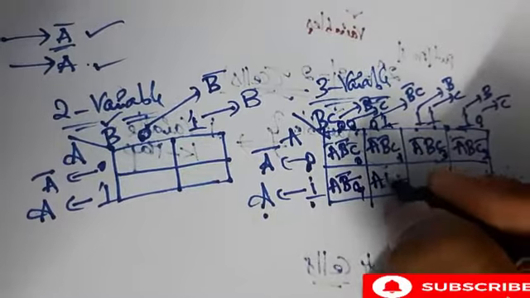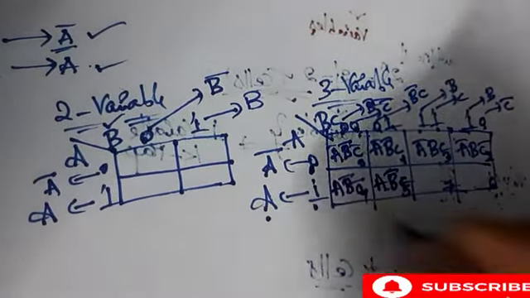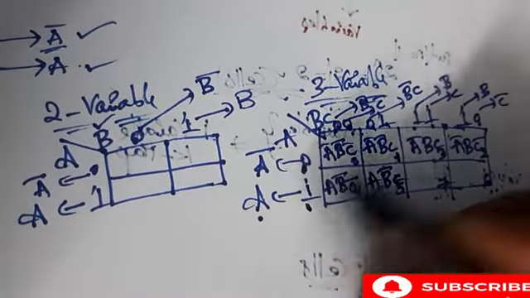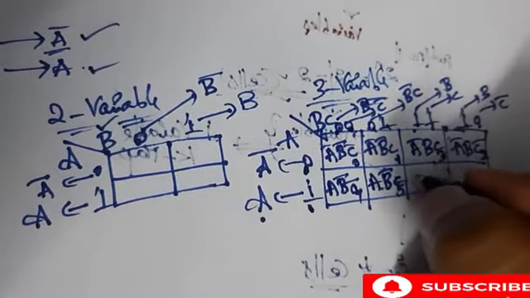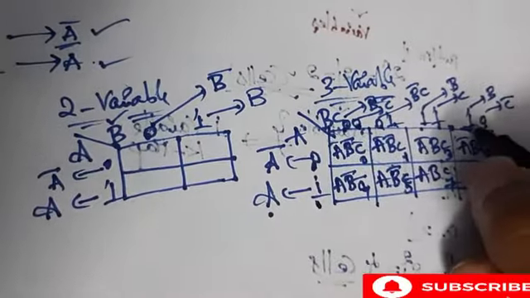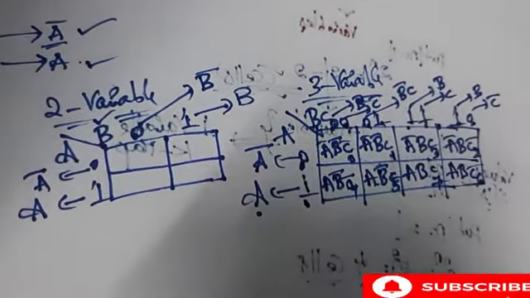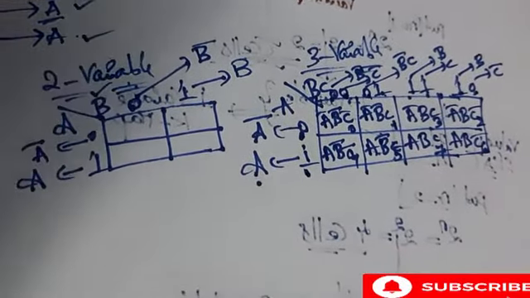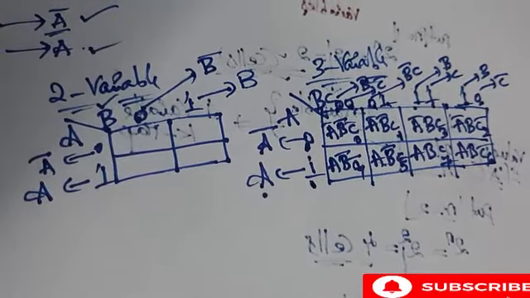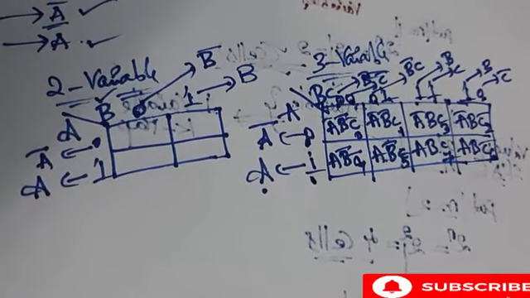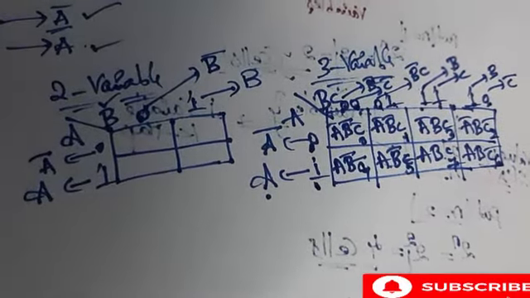That means A, B bar, C. Here 1, 1, 1. That means A, B, C. Here 1, 1, 0. A, B, C bar. In this way we can write in the boxes of the variables as A, B, C.